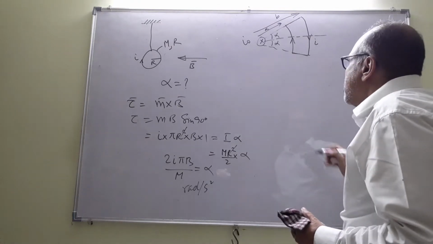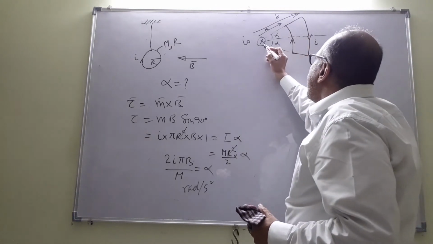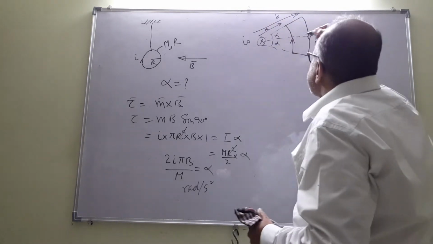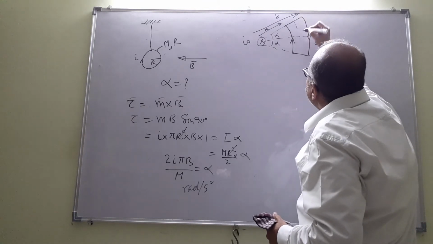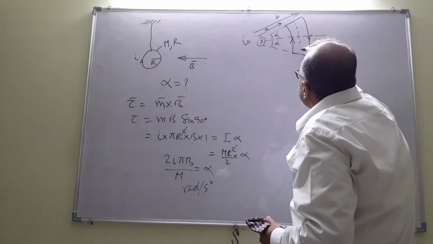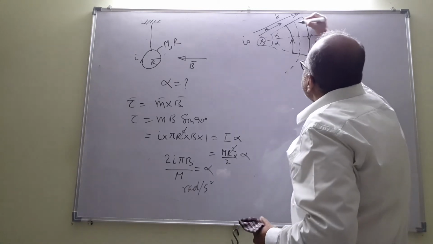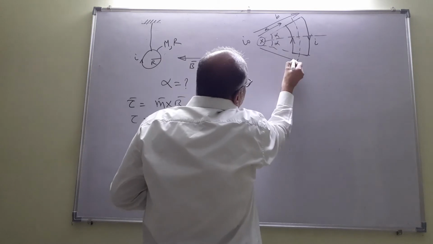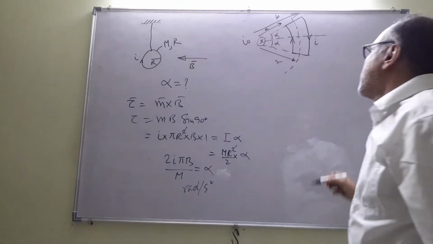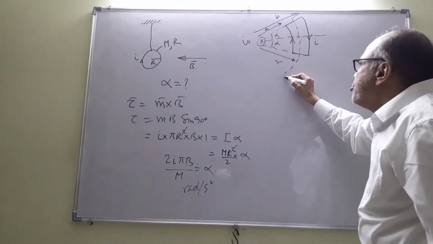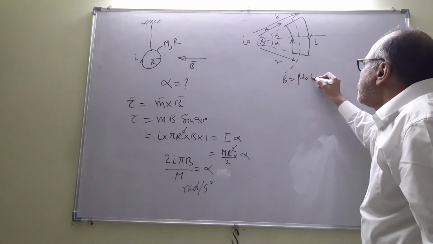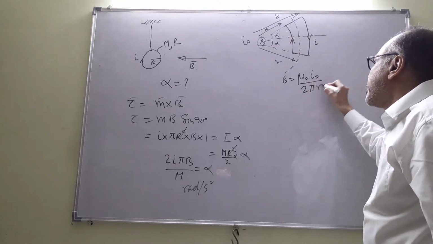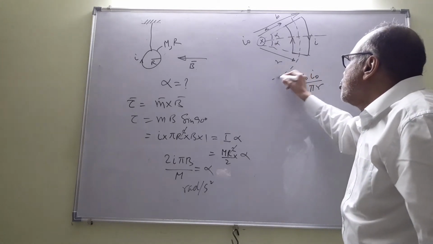Now you see the magnetic field produced by this would be concentric circles. So I can draw a magnetic line of force at some general distance r, and the magnetic field B would be mu naught I naught by 2 pi r, where mu naught is the permeability of free space.